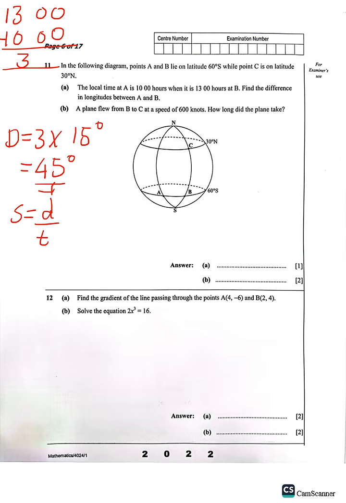Okay, so let's find the distance between B and C. We can use this formula: distance is equal to theta times 60. This is the simplest formula you can use. Be reminded that whenever you use this formula, the distance that you are solving for should be in nautical miles.